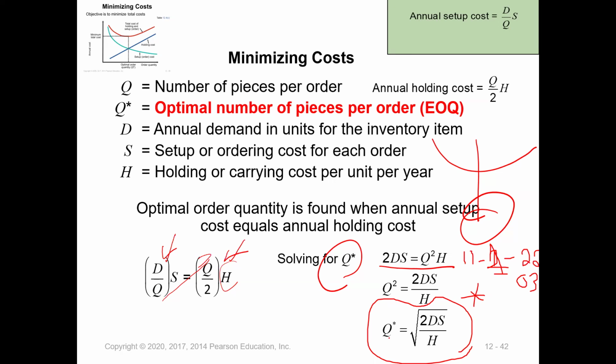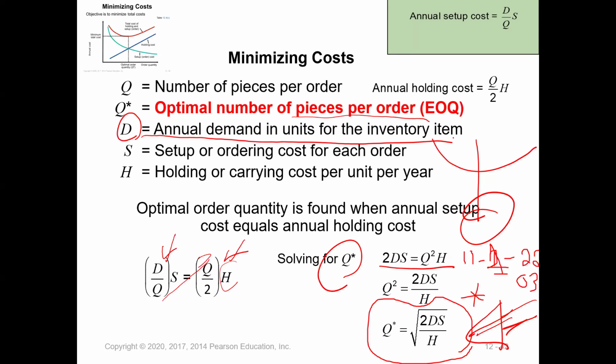This will be Q star equal to the square root of 2DS over H. This is the optimal number of pieces per order. Okay, that's the formula that we are looking for to solve for the optimal number. What's the optimal number of phones that you need to order every time? It's equal to the square root of 2DS over H, where D is the annual demand. Okay, D is the annual demand.